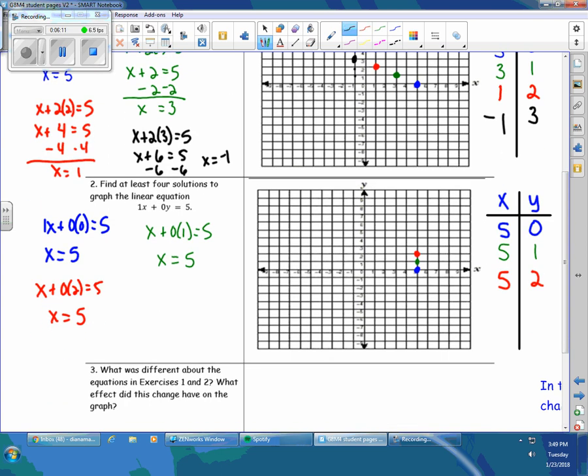And next I'm going to do black, and that's y equals 3. So x plus 0 times 3 equals 5. So x is going to equal 5 again.